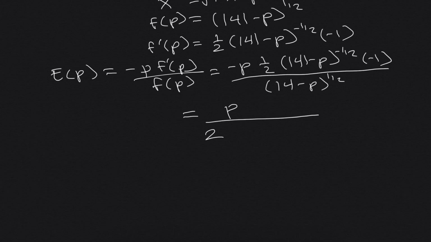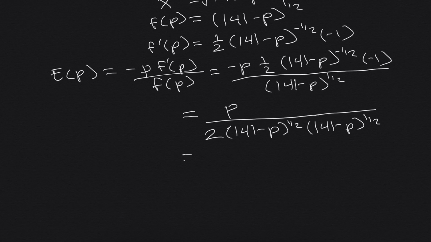In that denominator, I already have a 141 minus P to the positive 1/2 power. I also in the numerator have a 141 minus P to the negative 1/2. I'll move that down and make that exponent positive, changing it from negative 1/2 to positive 1/2.